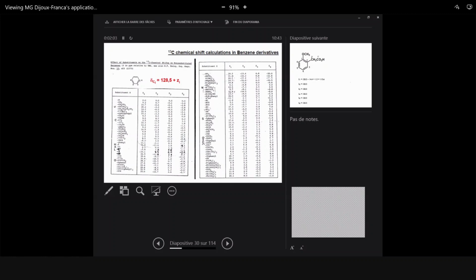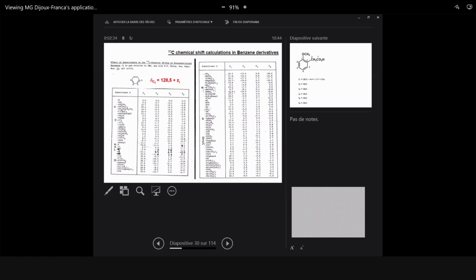So if I give you the table, of course, you don't have to learn this, but you can see that if you consider carbon 1 here, if on carbon 1 you have a methyl group, you will have an increase of the chemical shift of the carbon.